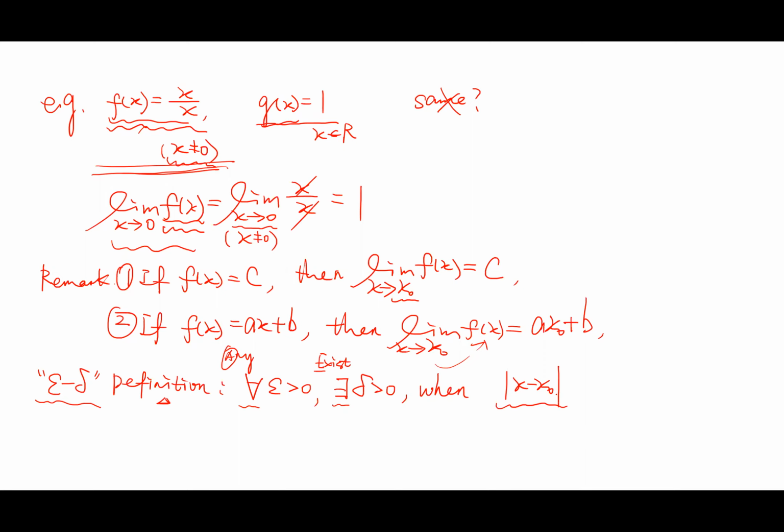The distance of x minus x0 is larger than 0 and smaller than delta 1, and then the function f of x minus a, the absolute value, the distance of f(x) and a, is always smaller than epsilon.